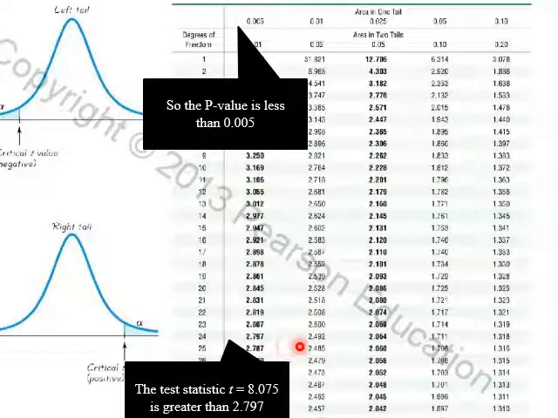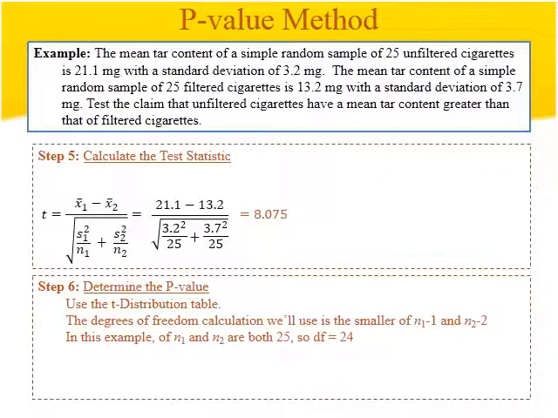But looking at the trend of my t-scores, I should be somewhere over here to the right of 2.797, which means my p-value, if I follow the trend up here, should be less than 0.005. So I know that my p-value is less than 0.005.